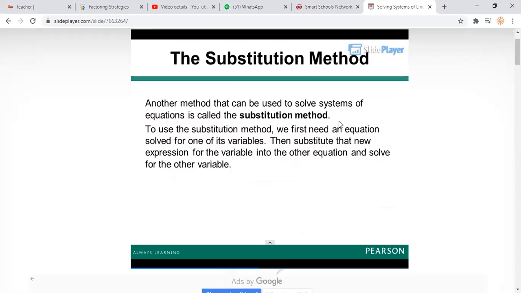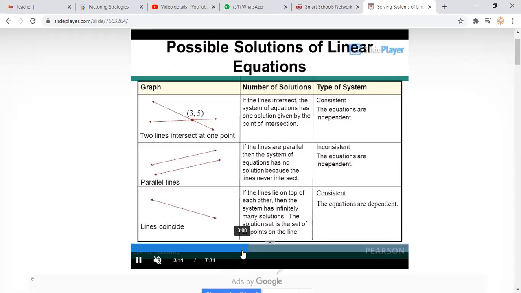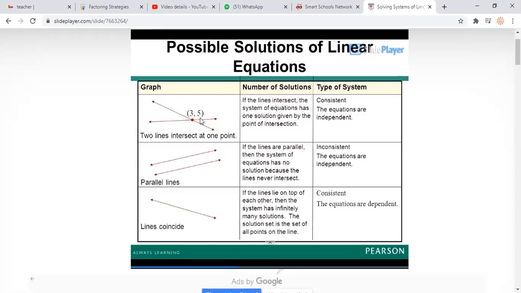I will go back again to this point. If you have only one solution, then we say the system is consistent and the equations are independent.